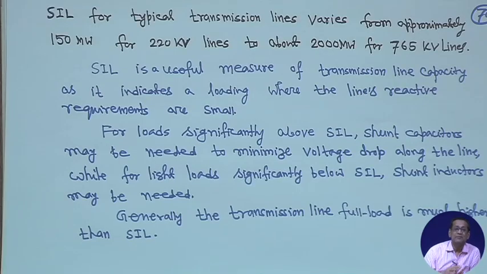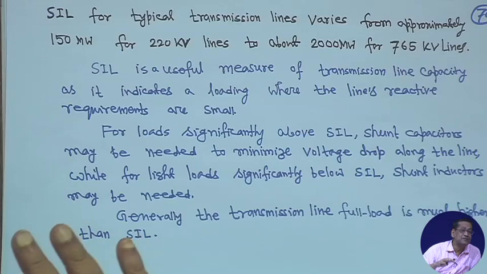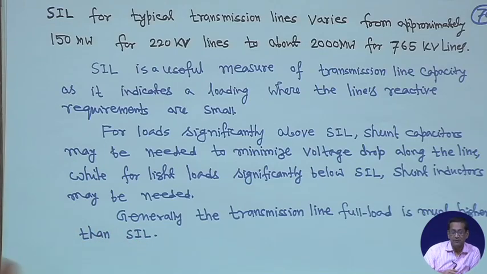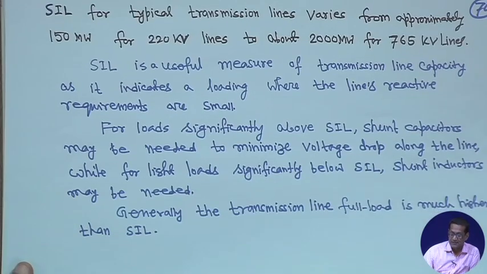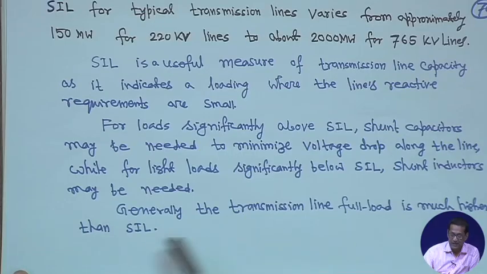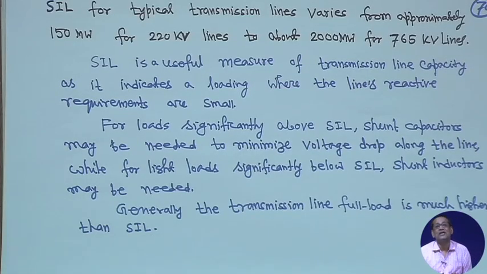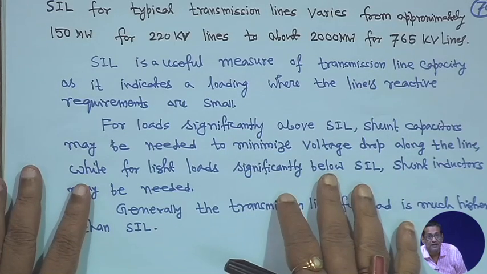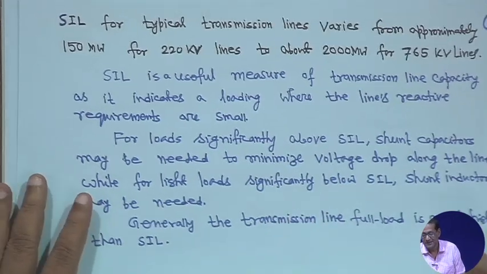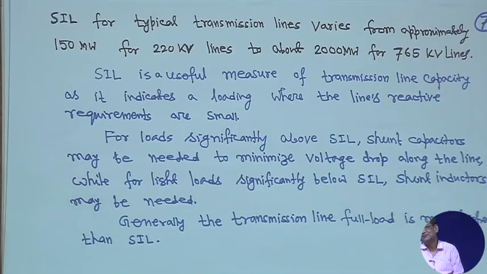So, if it is above the surge impedance loading, then you need shunt capacitors, and if it is below the surge impedance loading, then you need shunt inductors. Generally the transmission line full load is much higher than the surge impedance loading.